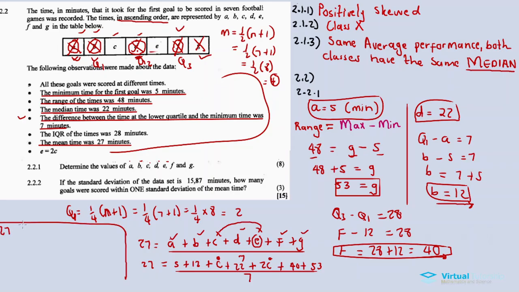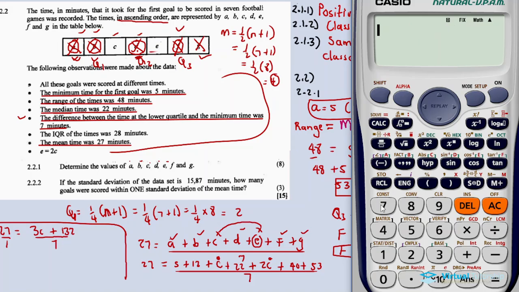And then 27 is equal to C plus 2C, which is 3C, plus 132, and this sum is divided by 7. So now we have an equation with a fraction. Therefore, divide that by 1 and just cross multiply. 7 times 27 is equal to 189.